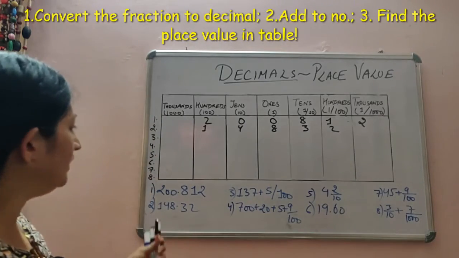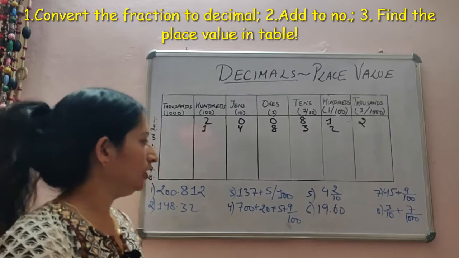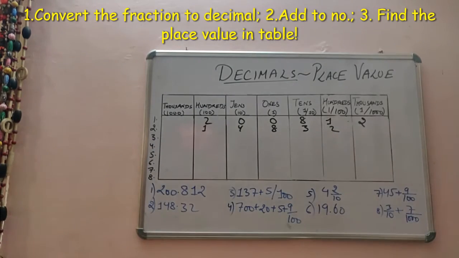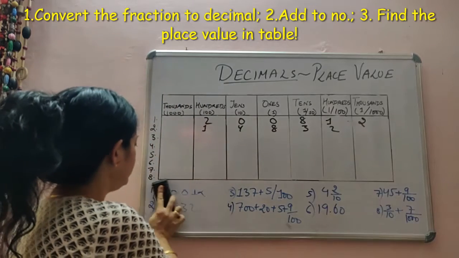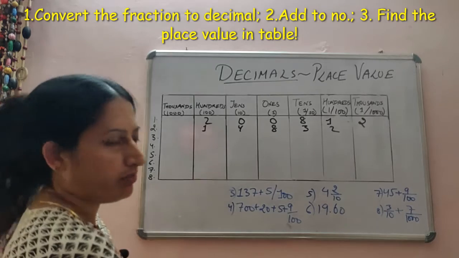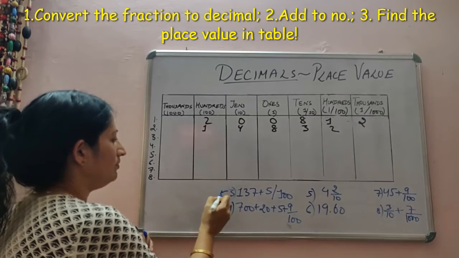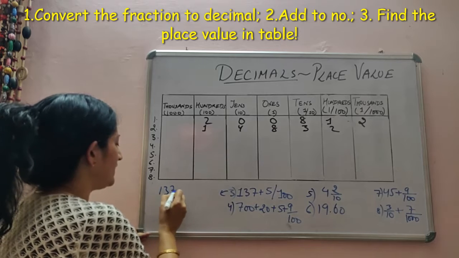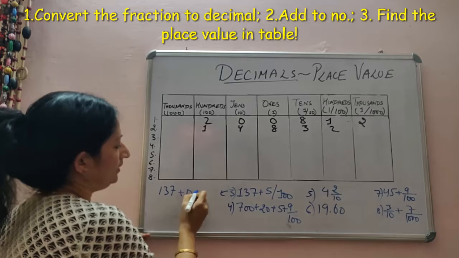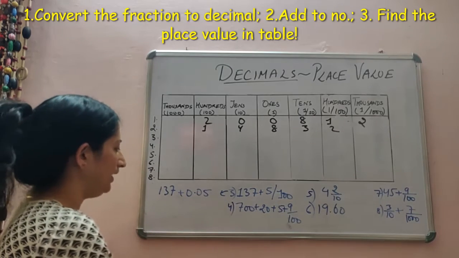Now let's come to this number, that is 137 plus 5 by 100. So how to solve this? First you will see that we can write this number very easily in the form of 137 plus 0.05, that is 5 by 100.